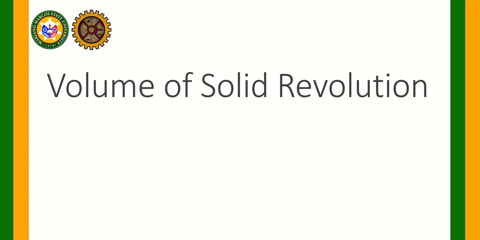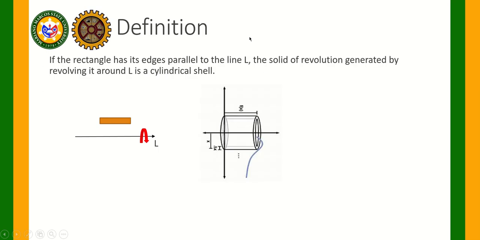Okay, so let's continue our discussion in volume of solid revolution. If the rectangle has its edges parallel to the line L, the solid of revolution generated by revolving it around L is a cylindrical shell.